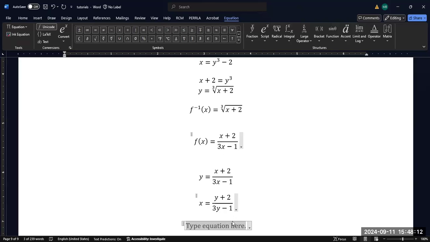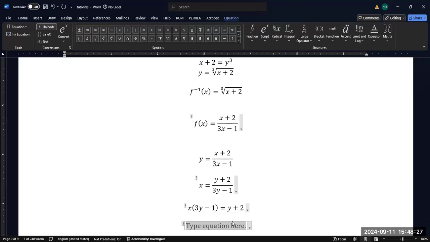Again, the algebra is not hard. There's just a little bit of a trick that you have to remember to do. So I'm going to multiply both sides by the denominator. So x times 3y minus 1 is equal to y plus 2. I'm going to distribute: 3xy minus x is equal to y plus 2.